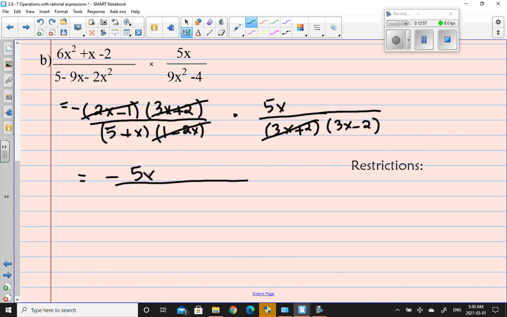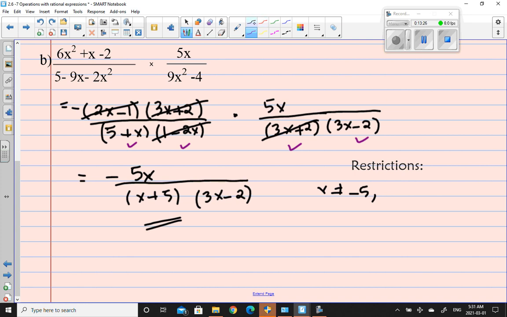And in the denominator, you have 5 plus x, or you can write it as x plus 5, and 3x minus 2. It's now a simplified expression. And then the restrictions: x cannot be equal to negative 5, right? So take your restrictions from here, here, here, and here.